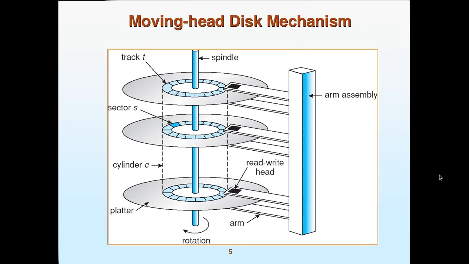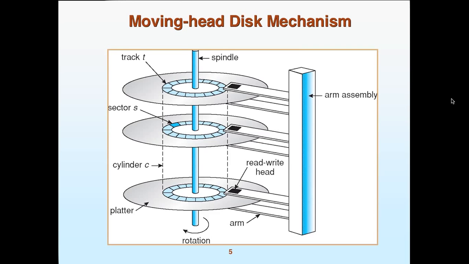And here's what we're talking about. This is a soon-to-become antique model. It isn't, though. We still have computers today that are using it. Even notebook computers use the same type of drive mechanism. We have a moving head disk mechanism, where we have platters that are stacked on top of each other on a spindle, and we have an arm.